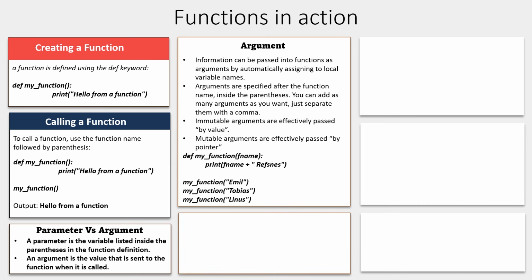Now let us look into the various ways to enter arguments when calling the function, or write the parameters when defining the functions. If you do not know how many arguments should be passed into your function, just add an asterisk before the parameter name in the function definition.